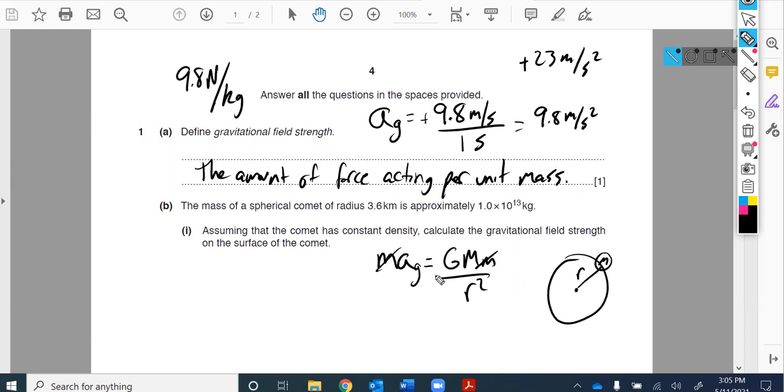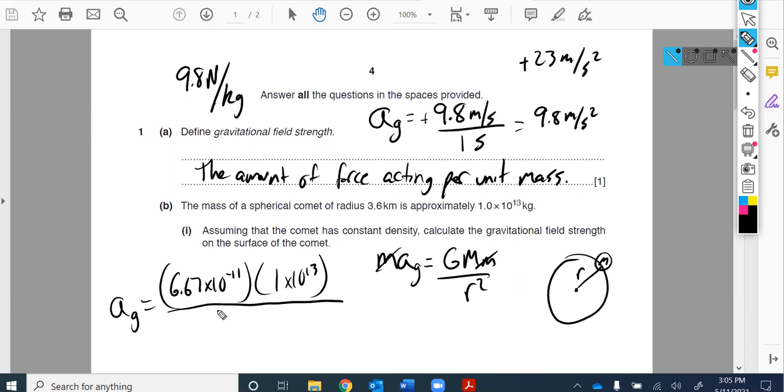So all we need to do to calculate the gravity field strength is substitute into this equation G, the mass, and then r squared. It tells us the radius is 3.6 kilometers, so 3.6 by 10 to the 3 meters squared. So that calculation will give you how strong gravity is on a comet.